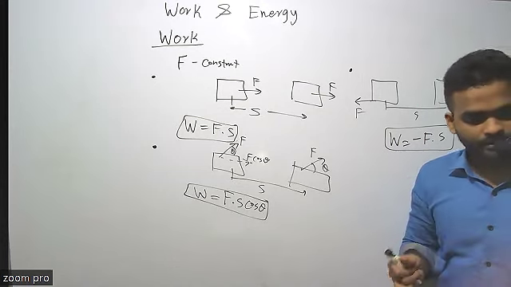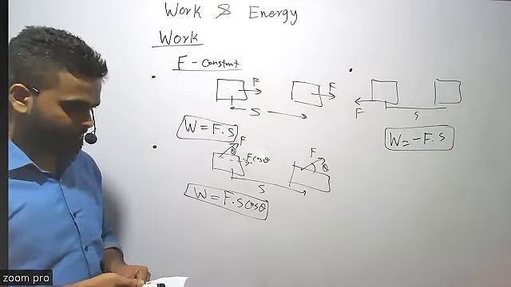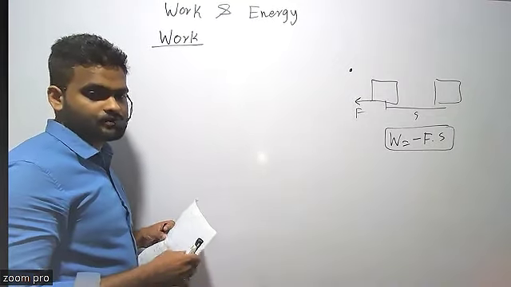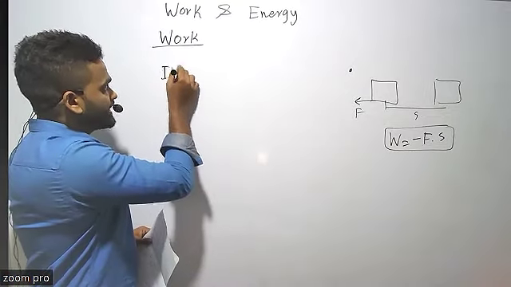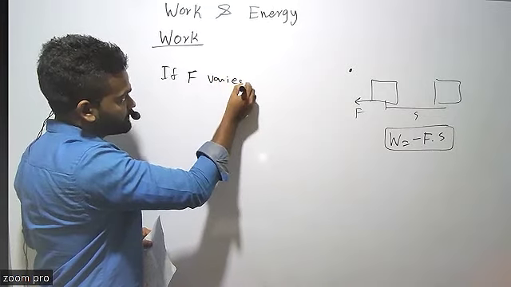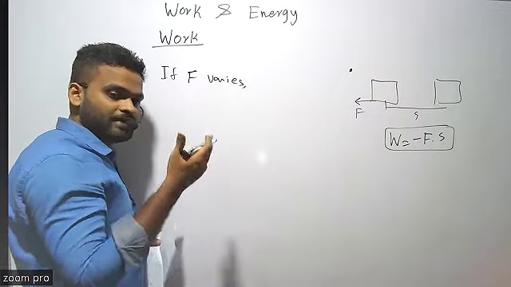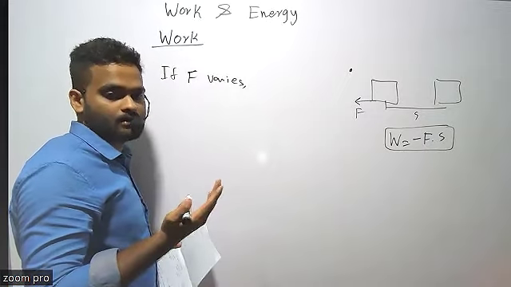Take it down as well. All these are for F constant. That is one type of question. You will get another type if the force varies. At the last class as well, we saw whenever the force varies, you have to get the area of a graph.